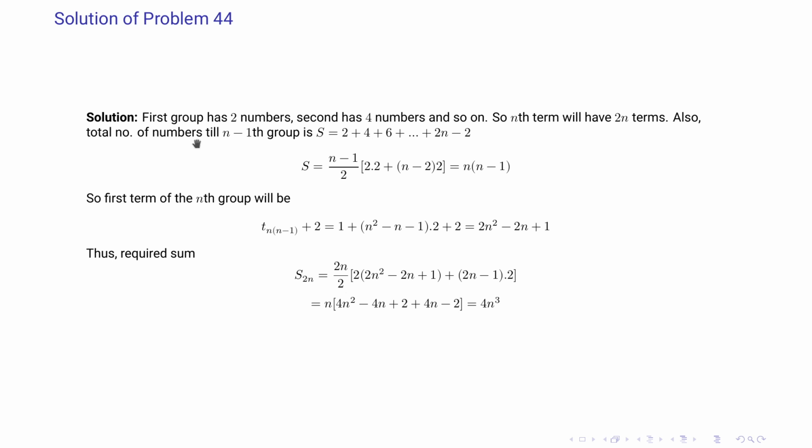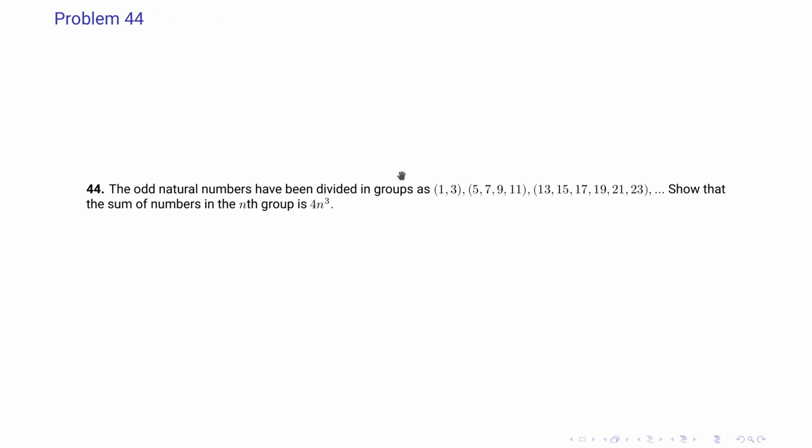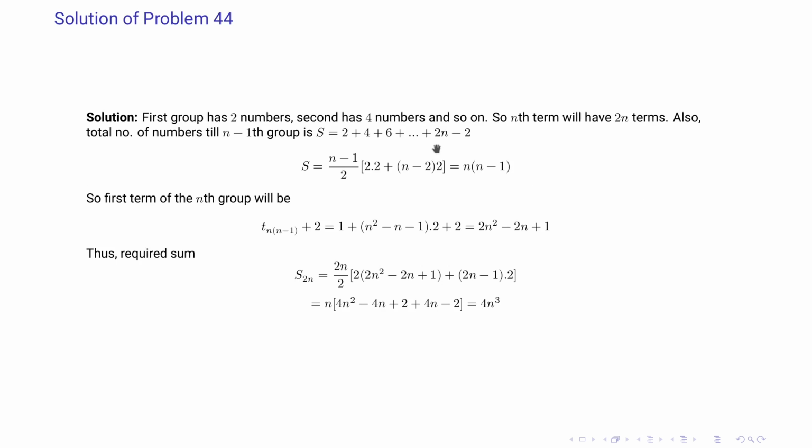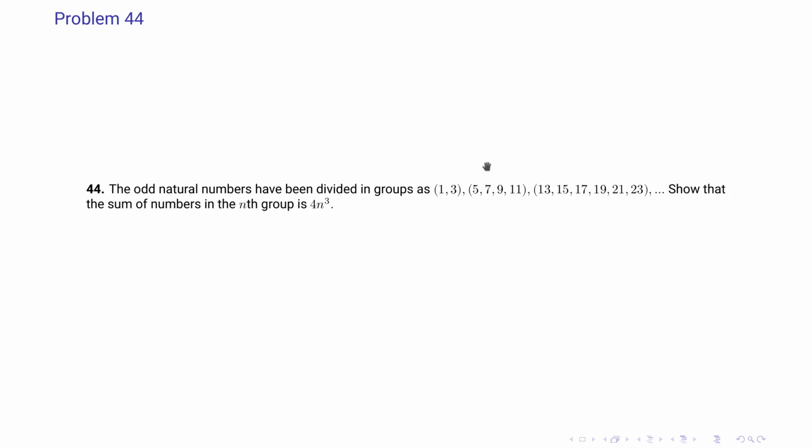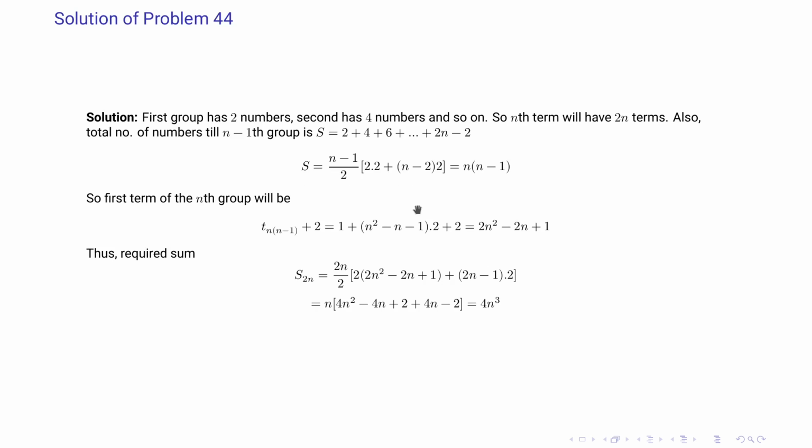So the total number of terms till the n minus 1th group is 2 plus 4 plus 6 up to 2n minus 2. As you can see, it has 2, 4, 6 numbers. So the n minus 1th group would have 2n minus 2 numbers. The total number of numbers would be n into n minus 1. So the first term of the nth group would be n into n minus 1 plus 1, plus 2 would be there, because if you see, these are only odd numbers.